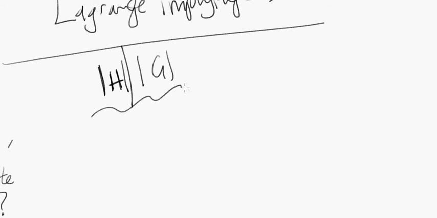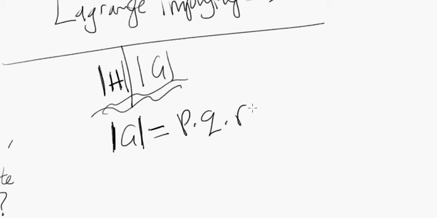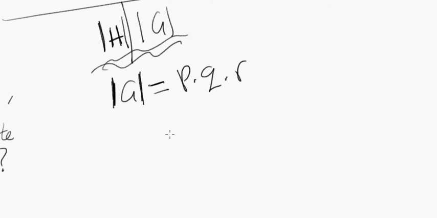We said this is all well and good, but what is it good for? So far we've asked what Lagrange's theorem tells us if the order of the group is some limited number of prime options, say p times q times r. What does that tell us are the possible values for the order of H?